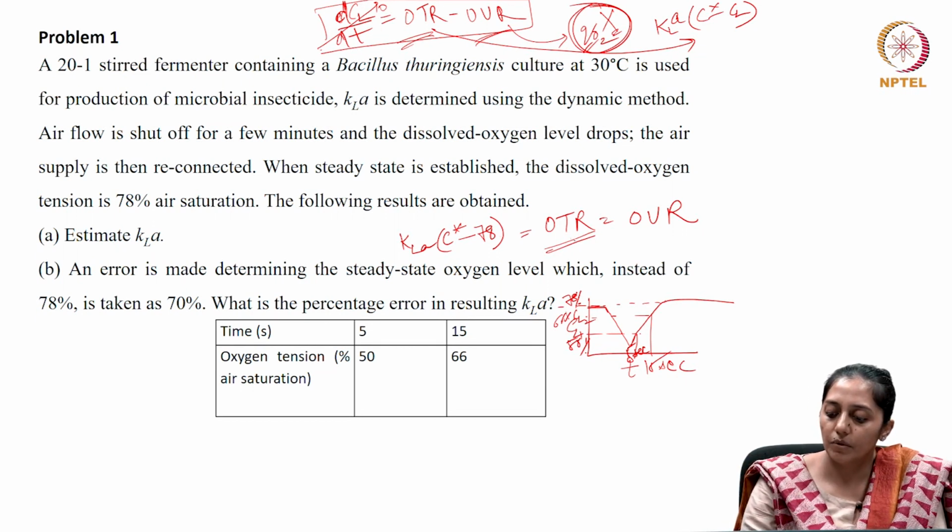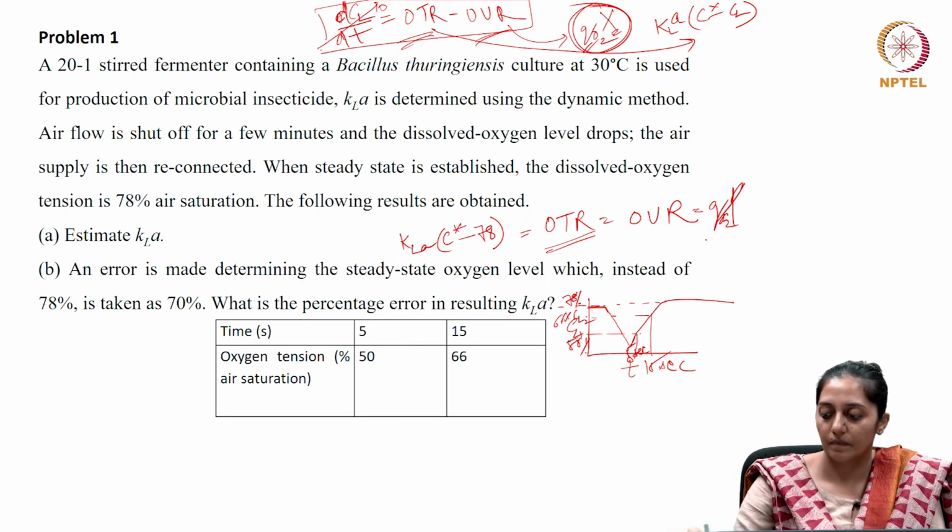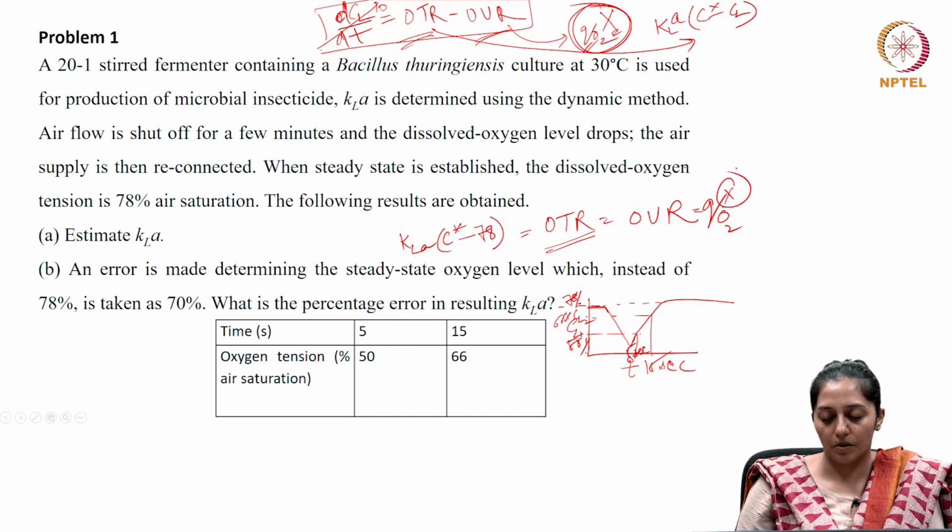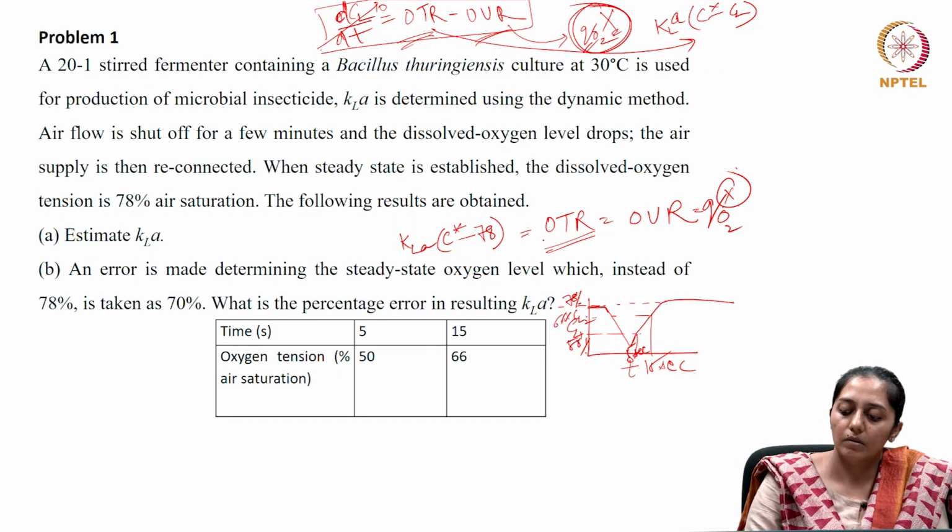So we know that this is equal to our OUR, which we can give as QO2, specific oxygen demand of the culture, multiplied by the biomass concentration. Now, we know that this is what OUR is.